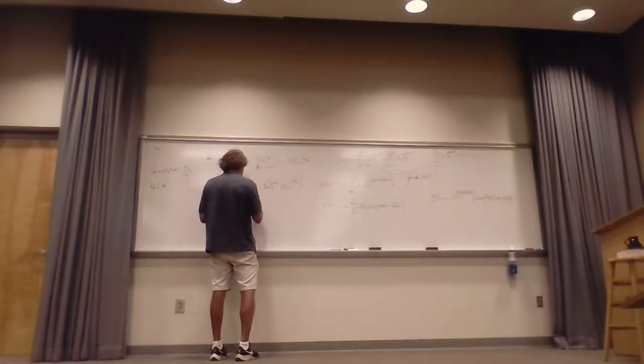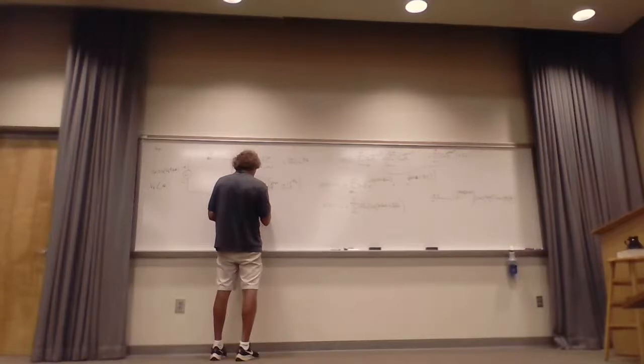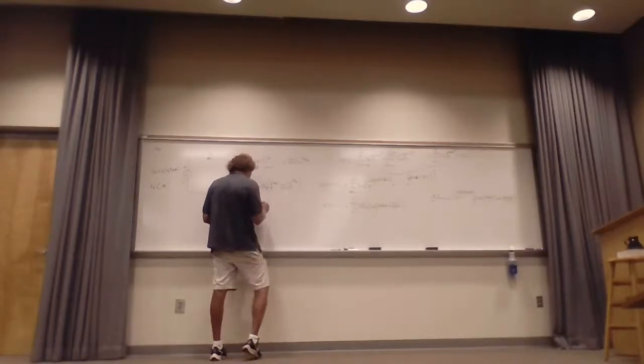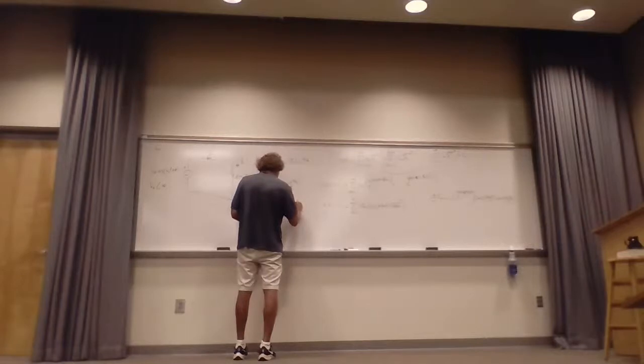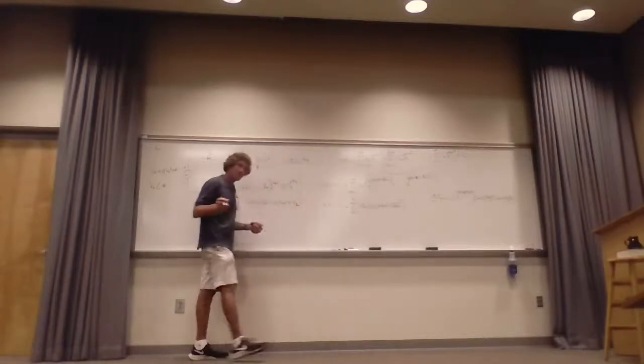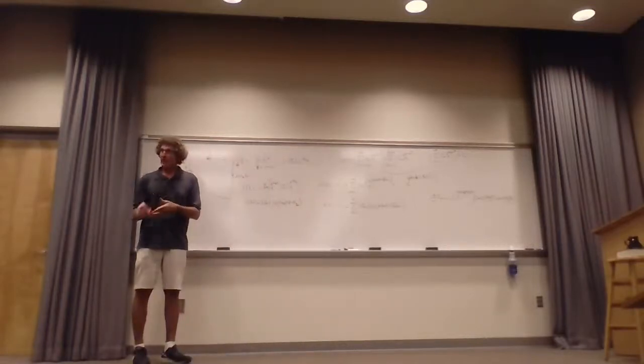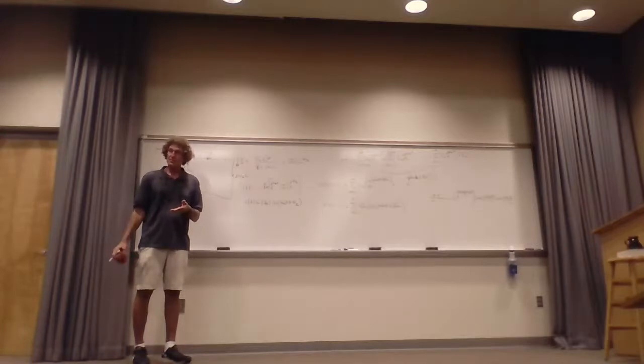My I of t actually equals magnitude of I naught, whatever that is, times the cosine of omega naught t plus the phase angle. Go with me? Just to bring everybody back on board. You agree with this? That was for one term.